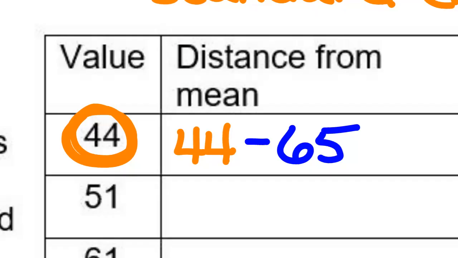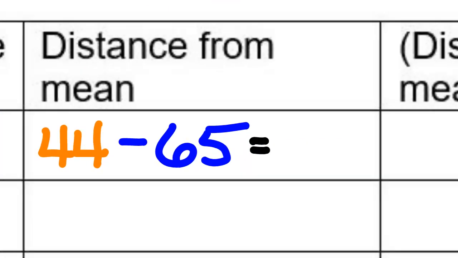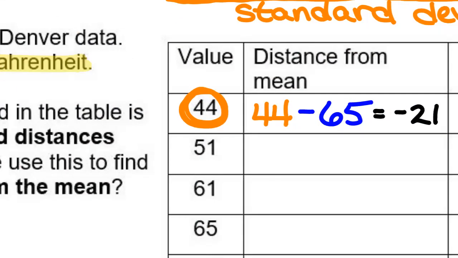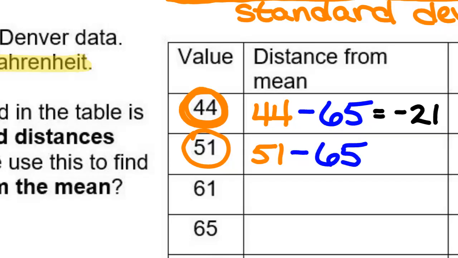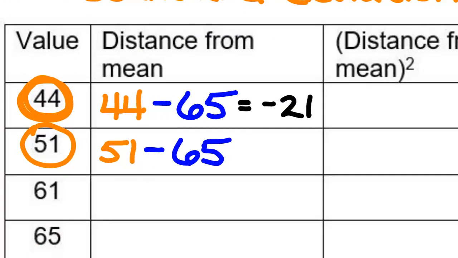What is 44 minus 65? Negative 21. You're going to do that for every single data value in this table. We're going to do 51 minus 65. What is 51 minus 65? Negative 14. Please do that for all the remaining values in the table.